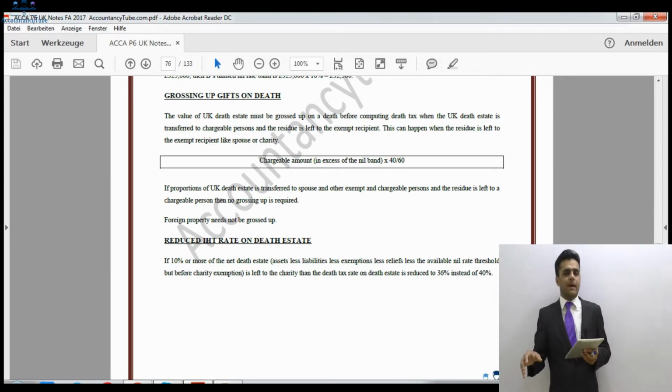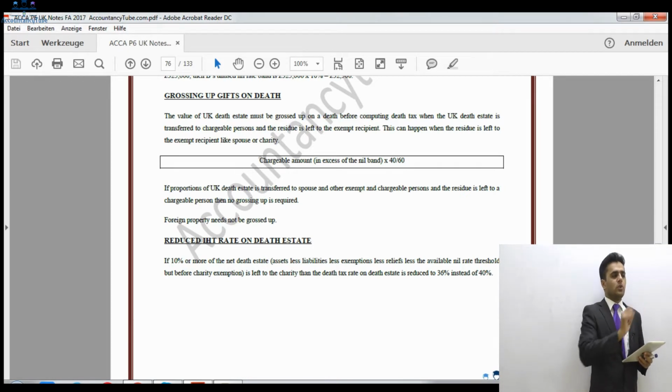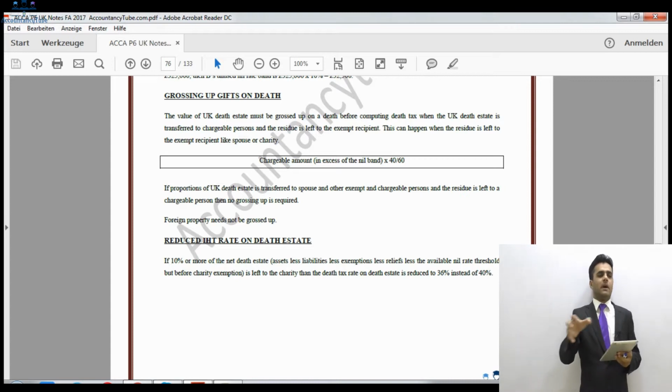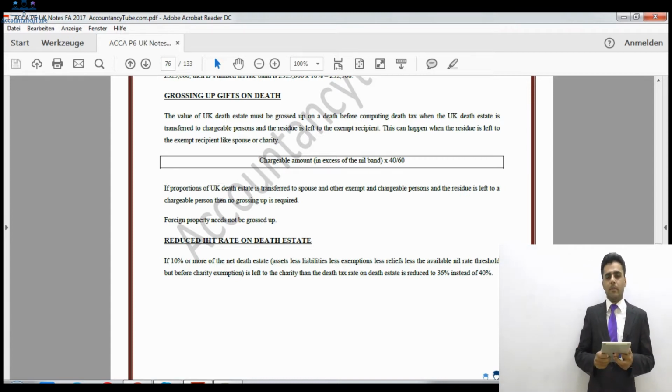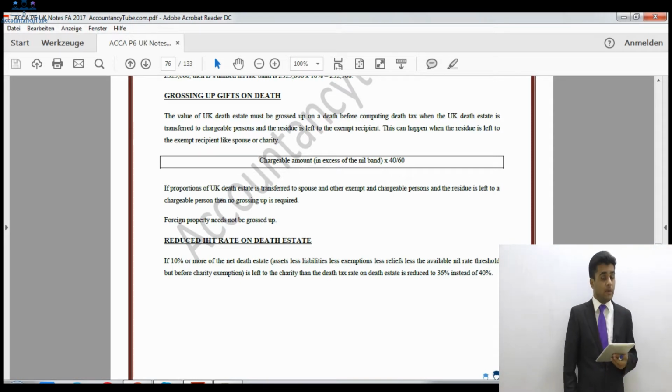So he will specify that I will give that asset to my eldest son, this iPad to my daughter, that car to my wife or whatever. And then he will say the remaining estate will be transferred to that specific person.